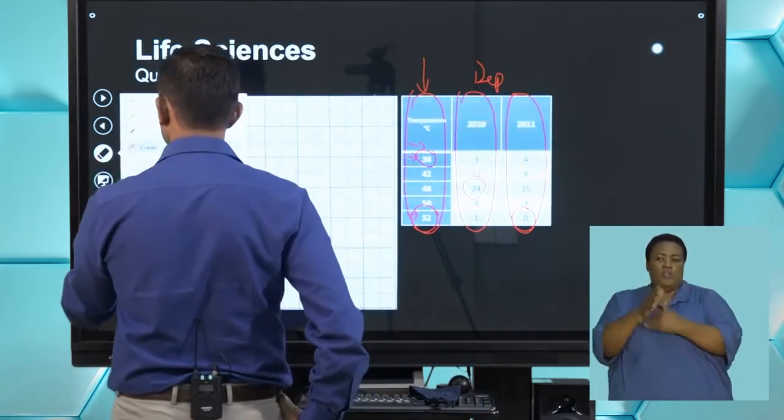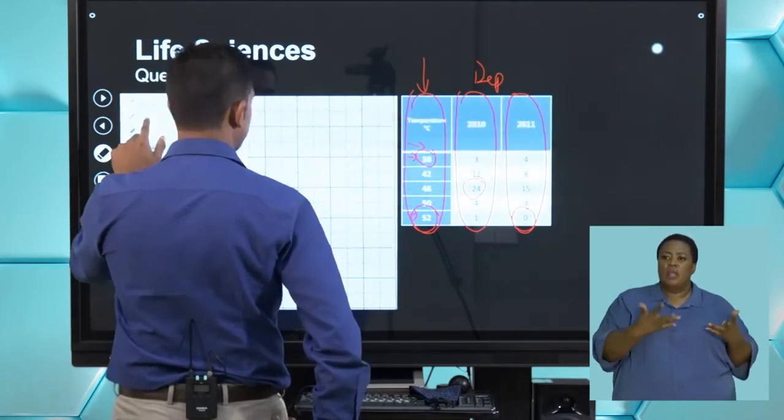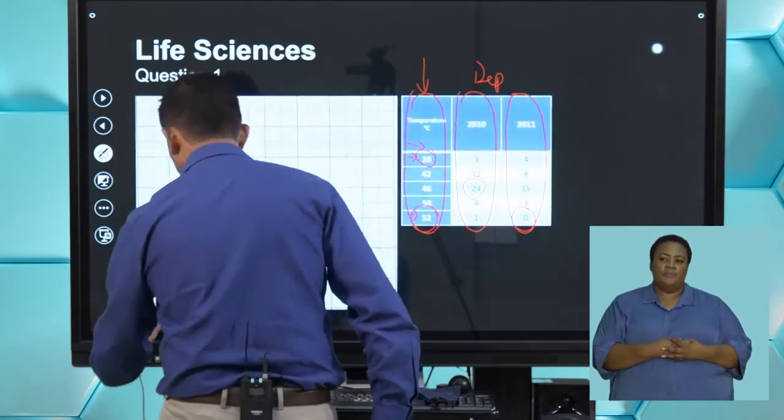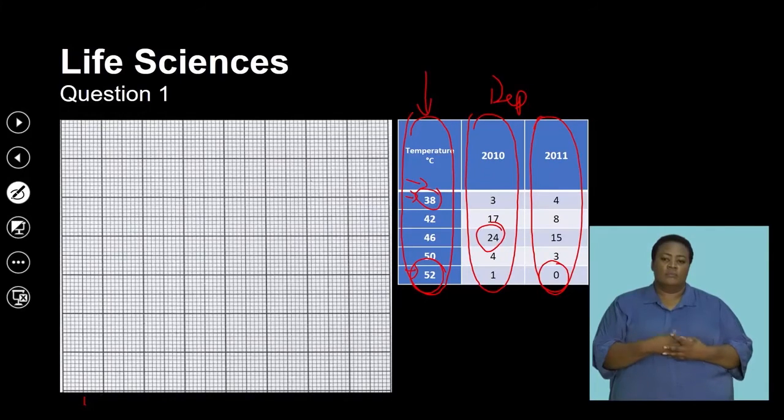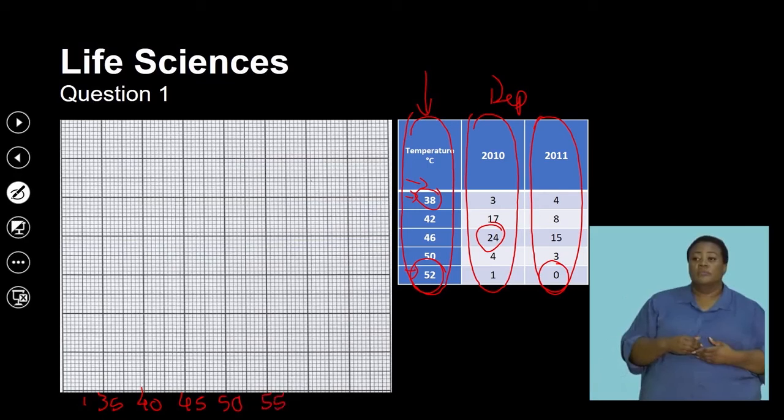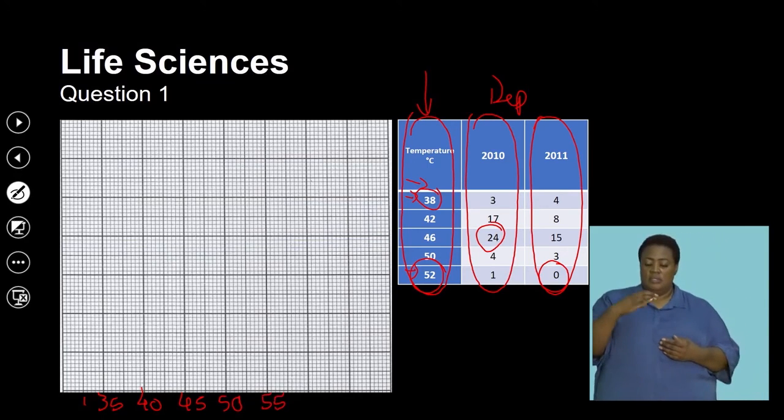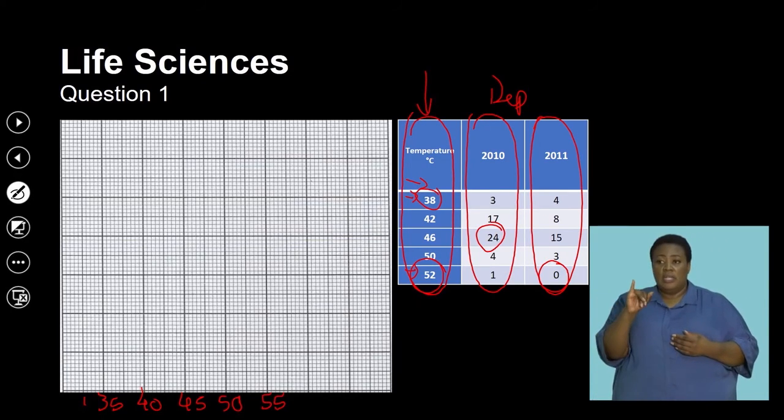So I'm going to use intervals of 5, starting with 35, 40, 45, 50, and 55. So that gives us our scale. That's correct.